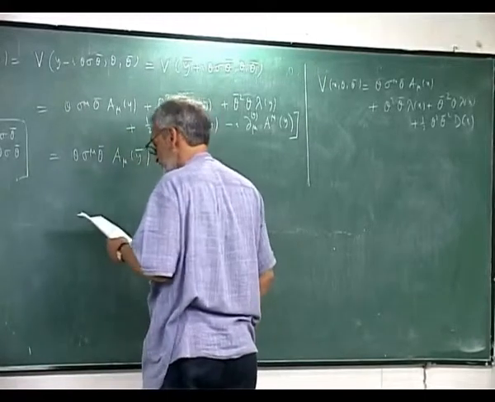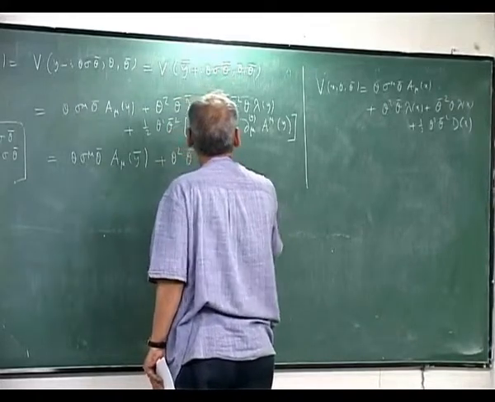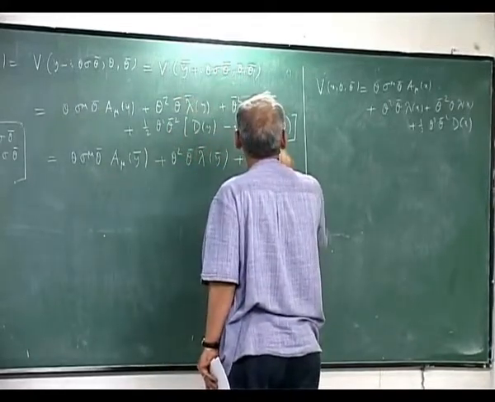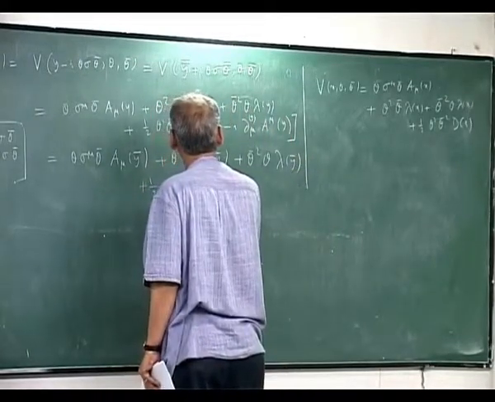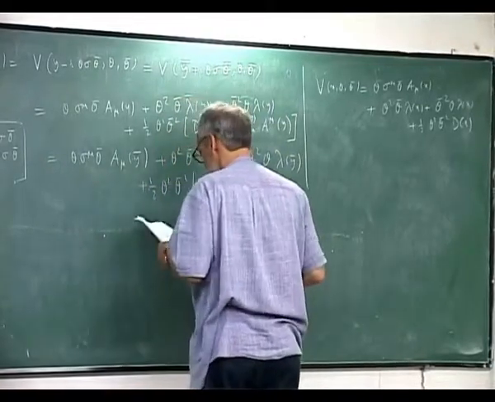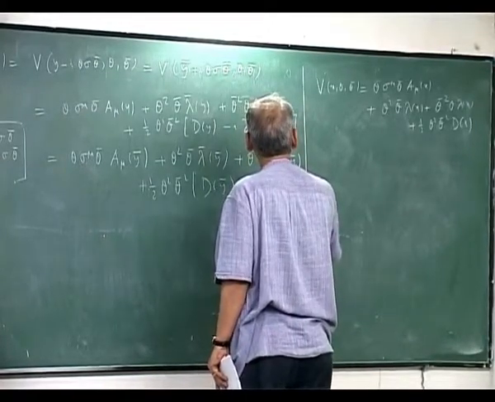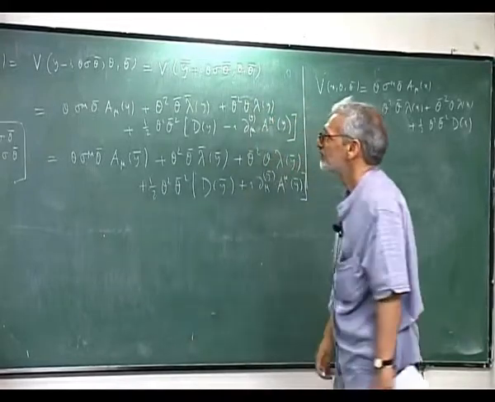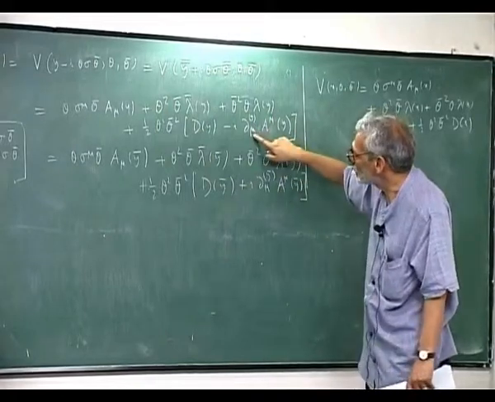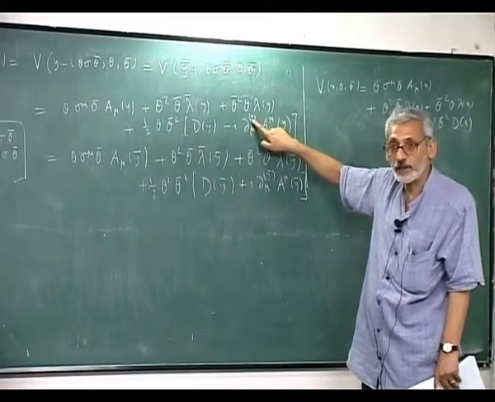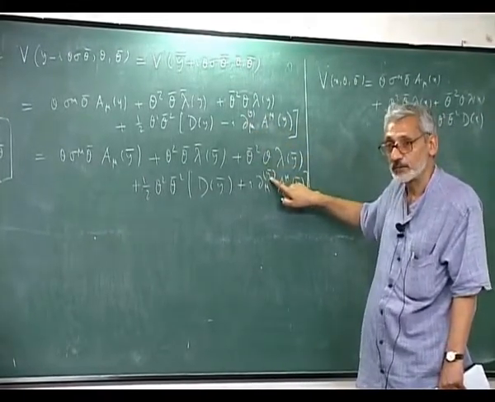Y bar, y bar, y bar, and I think there's a plus sign here. I could use either this one or this one. Now this derivative, this symbol here with y, means derivative with respect to y, and this is with respect to y bar.